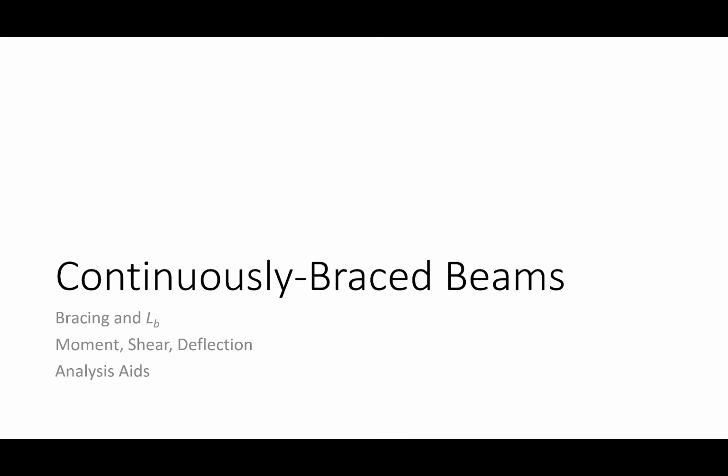Okay. What other statements or conclusions can we make about columns? Well, let's see. Would it be fair to say that as slenderness increases, phi Pn does what? It goes down, right?